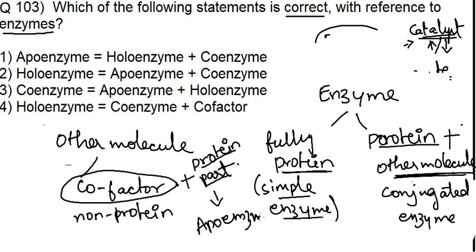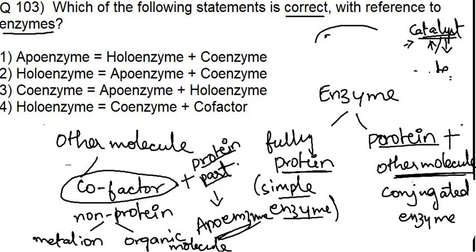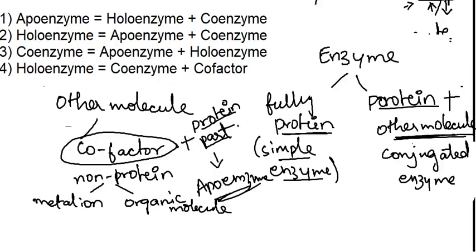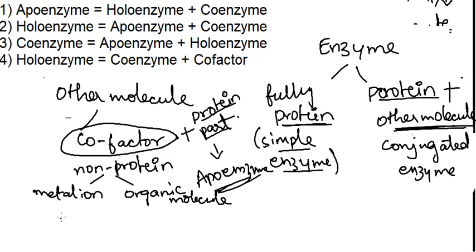This protein part is known as the apoenzyme. The non-protein part is known as the cofactor. The cofactor can be of two types: simply a metal ion, or any organic molecule, not necessarily a vitamin. If it is only a metallic ion, then it is known as a cofactor. If it is an organic molecule, it is known as a coenzyme.